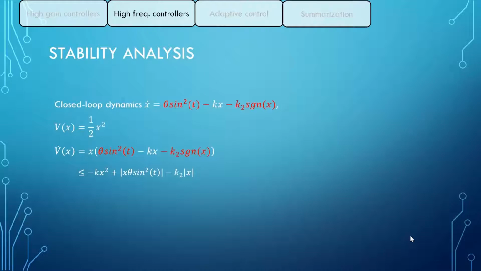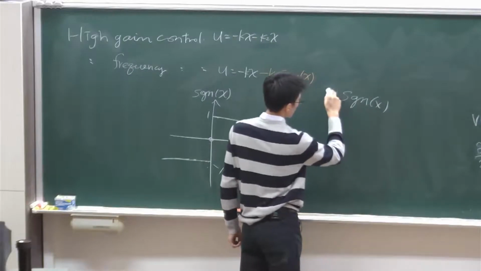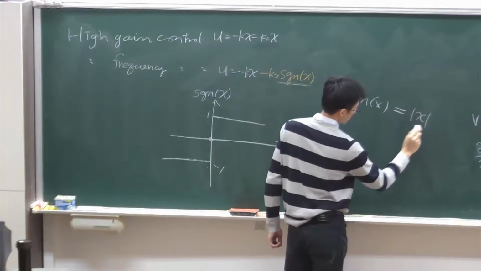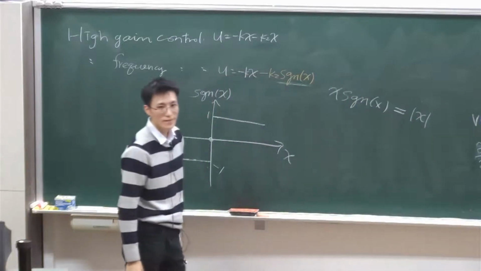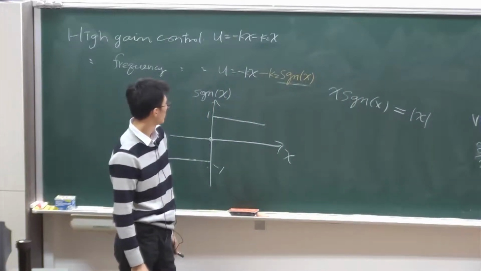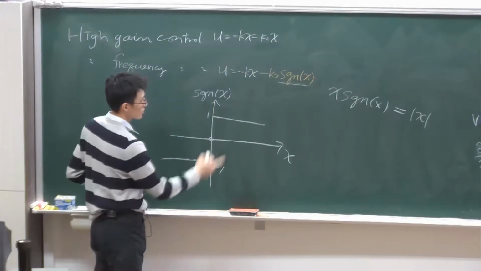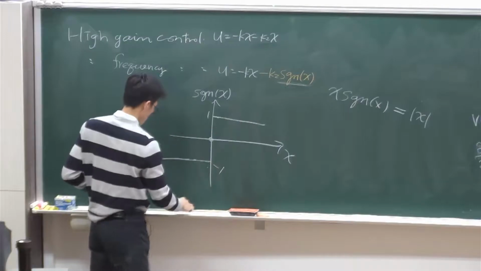Sine x times x is equal to absolute value of x, right? Sine x is this, and x is this.